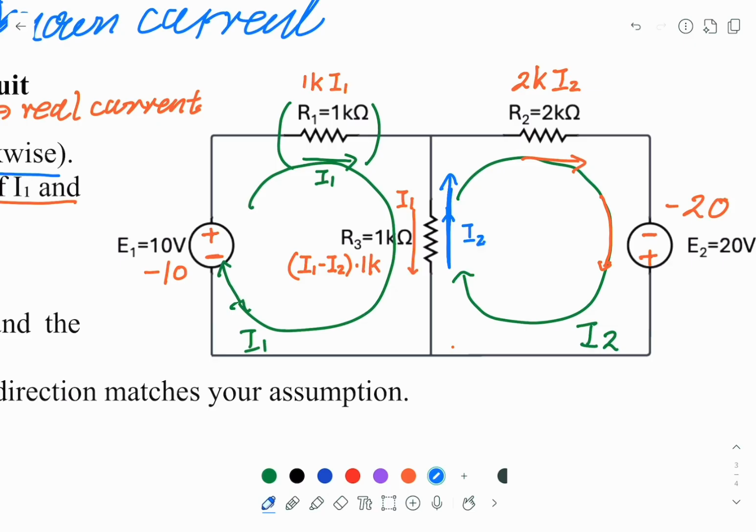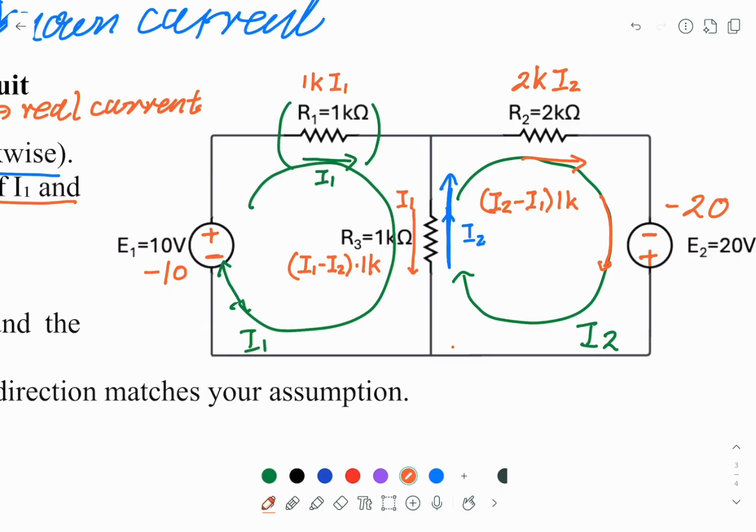From I2's point of view, the current passing through R3 is I2 minus I1. We have to assume this time on the right hand side, I2 is bigger. And the resistance of R3 is 1k. So this is the potential difference across R3 from the point of view of I2.